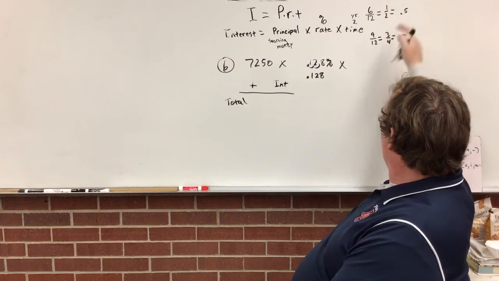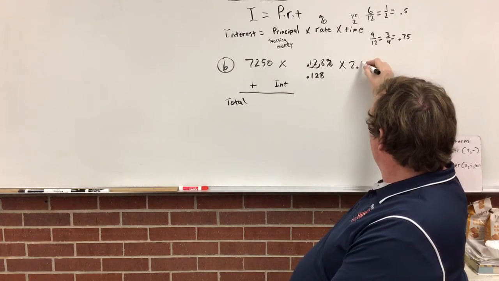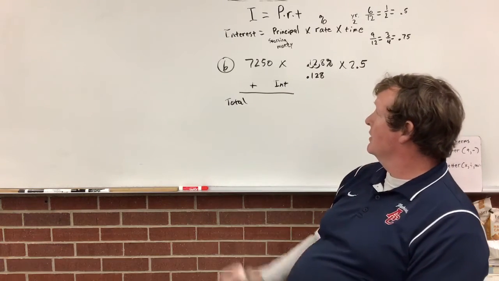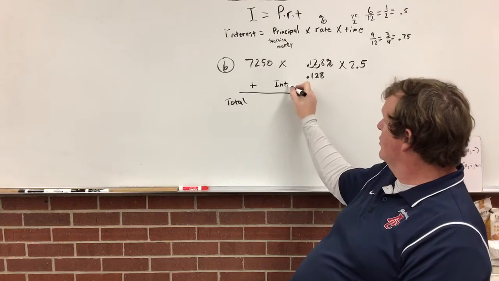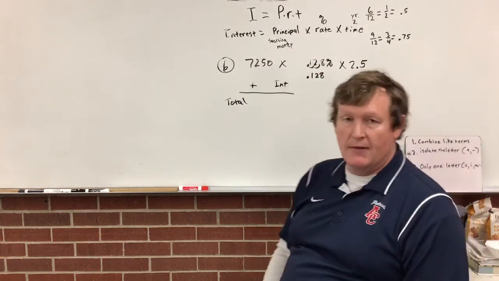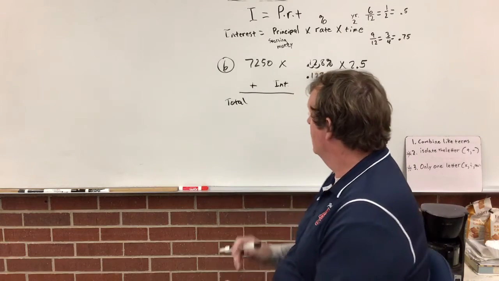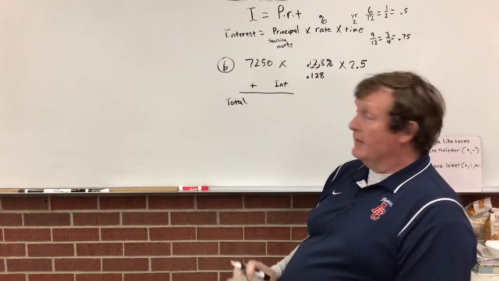Remember, half a year represents 0.5. So it's 2.5 years. This times this gives us the interest. And then you add the interest back to your principal, which is $7,250. 2 answers. Interest answer, total amount earned answer.